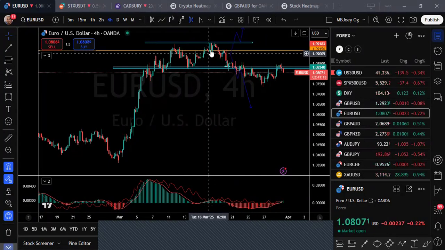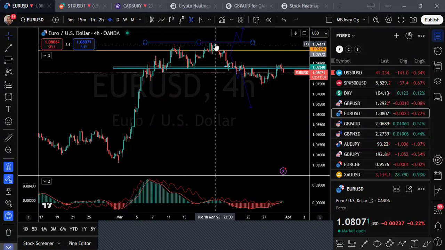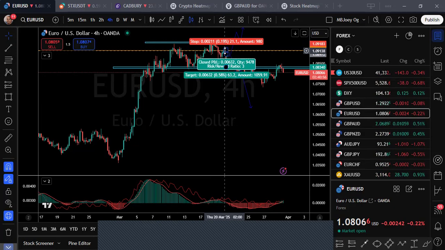And eventually, it gave some signal of reversal. So I made what is called a trade plan. My trade plan was to trap where price is and see if it is going to continue upward or change direction and start coming downward.